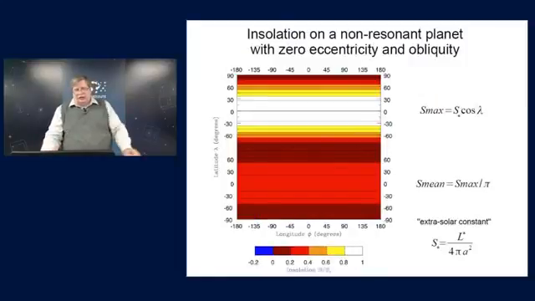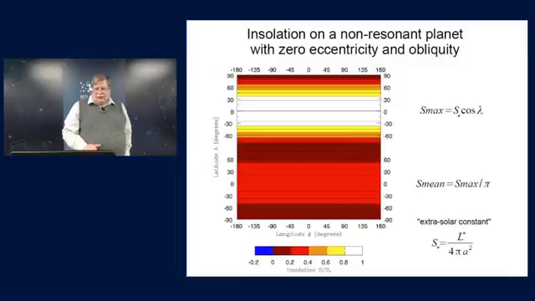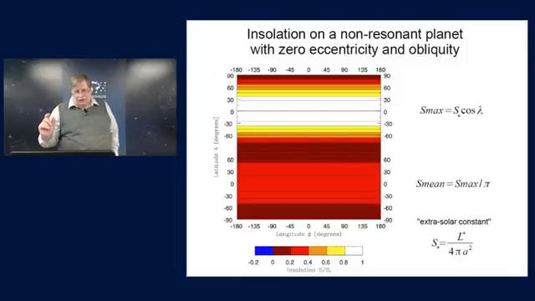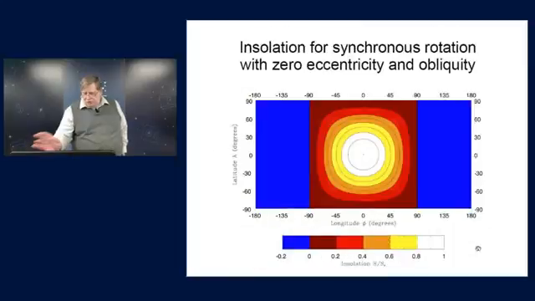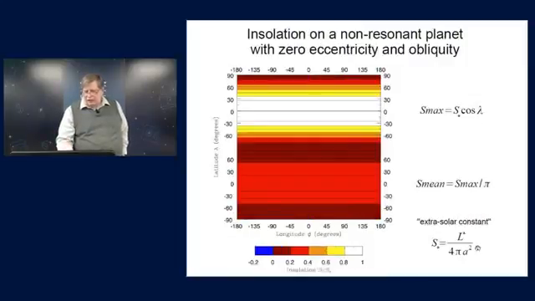The maximum insolation peaks at the equator, as you can see here, and its peak value is just what I call the extrasolar constant, analogous to the solar constant on Earth. It's the star's luminosity divided by 4 pi times the square of its semi-major axis. And you can define that in any kind of wavelength regime you're interested in.